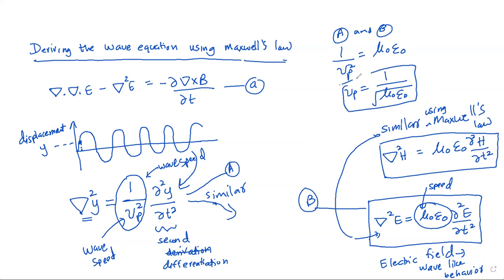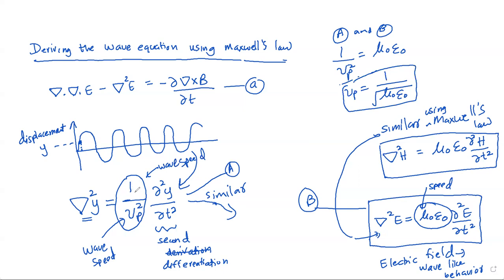Okay, so since in the classical wave equation this constant parameter is related to the speed, by similarity we can say that in this equation also, this constant parameter can be equated to this one.